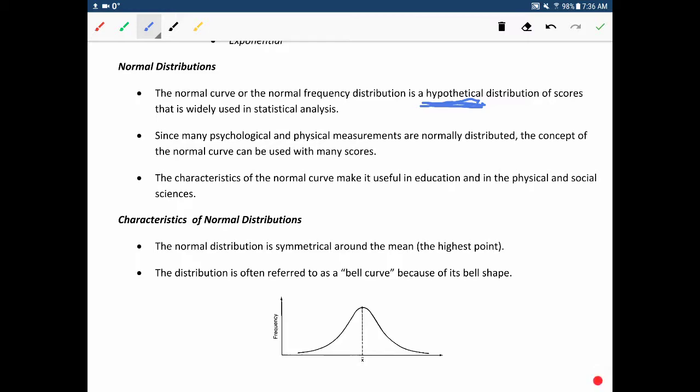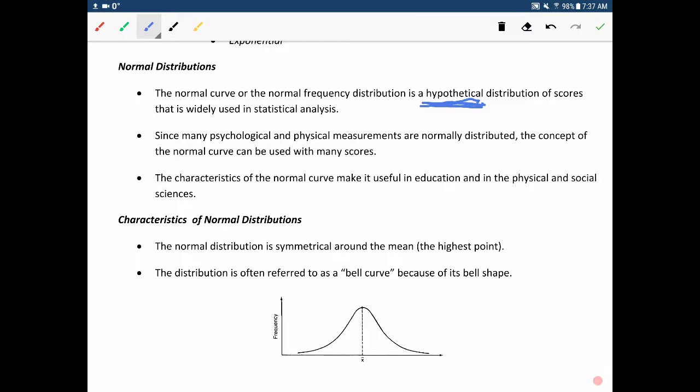And so the idea is that we look at it and we make the assumption that it is a bell curve or a normal curve, and thus we can do a bunch of statistical analysis with it. And there is some estimating in it. There is some approximation just because it is just a hypothetical distribution, okay? It would be impossible to actually get this exactly.